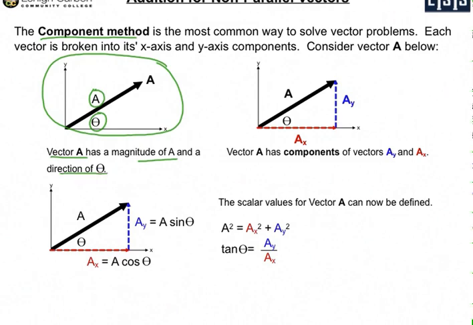Well, using the triangle method over here, you can consider this vector A as having two components, one in the x direction and one in the y direction. And so we represent them with a sub x and a sub y on the A's.